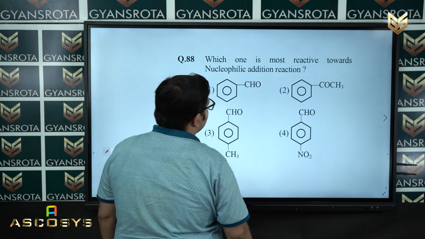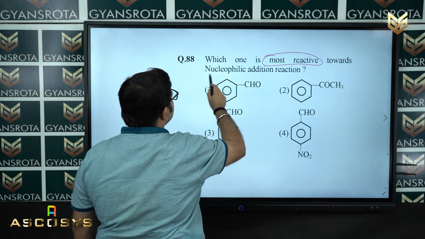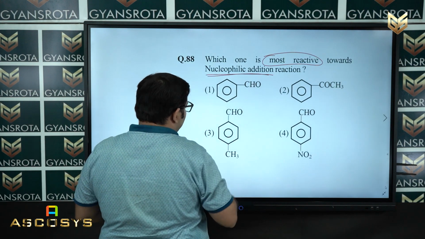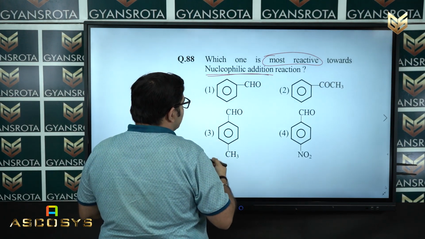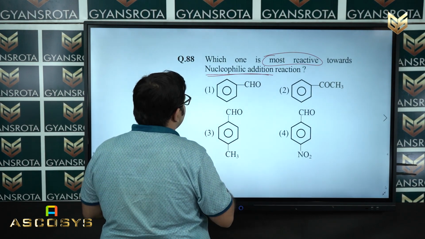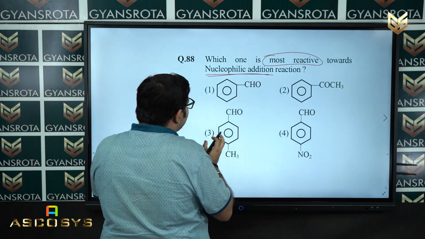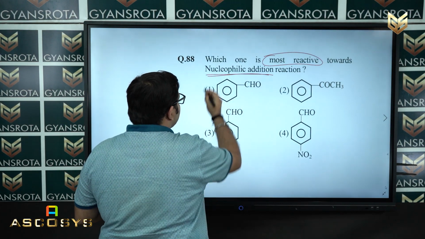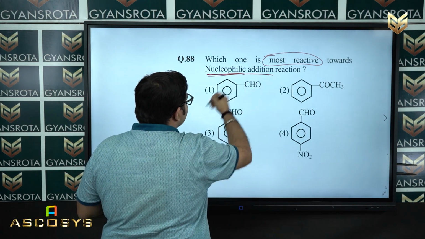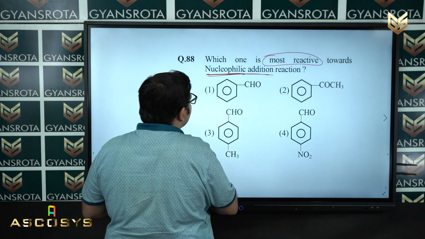So, they ask which is most reactive towards the nucleophilic addition reaction. That means the reactant should be a good electrophile, and a good electrophile has a lower density of electrons, because a nucleophile has a higher density of electrons and an electrophile has a lower density of electrons.